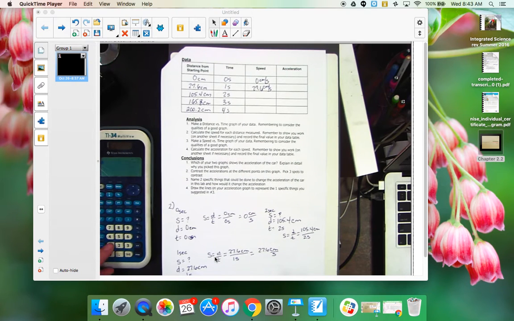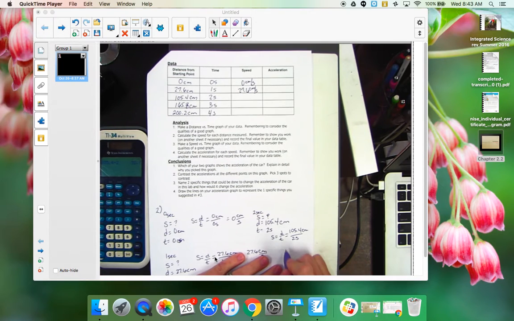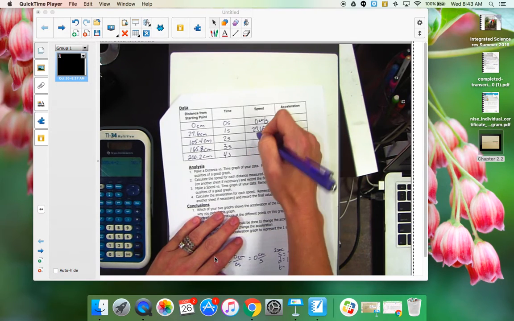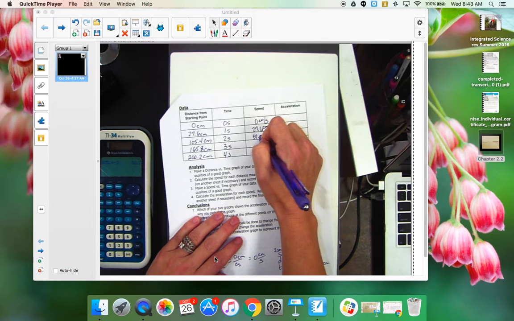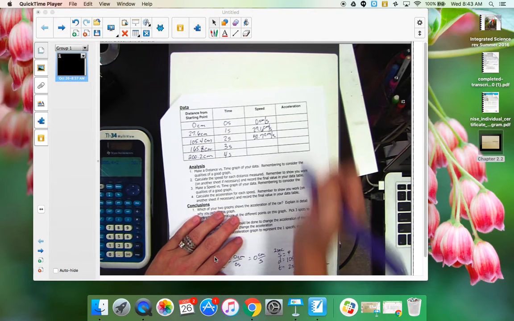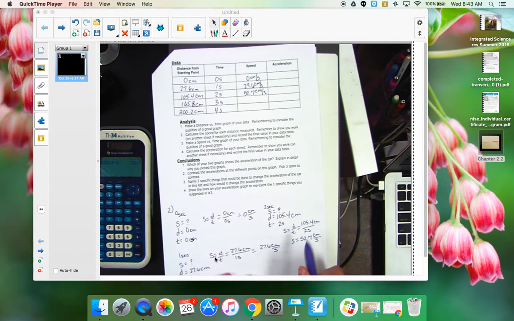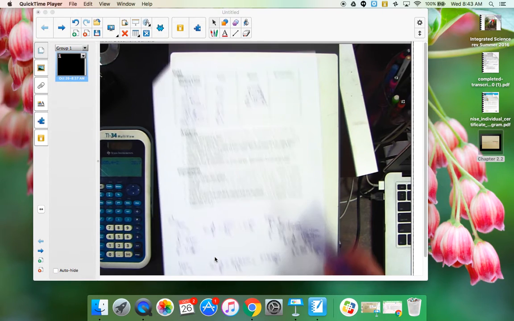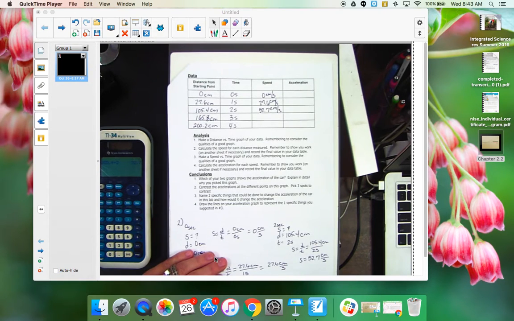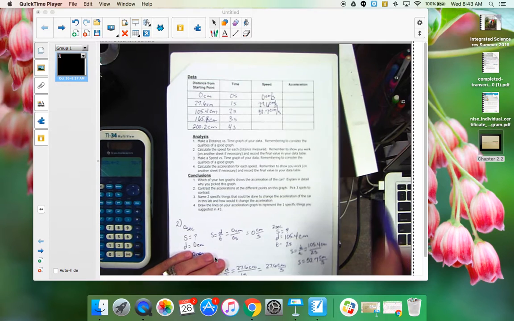Plug it into my calculator. Speed equals 52.7 centimeters per second. I am going to go ahead and continue and do the others of the speeds.